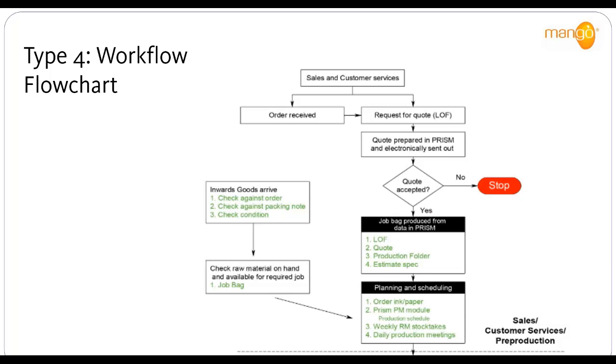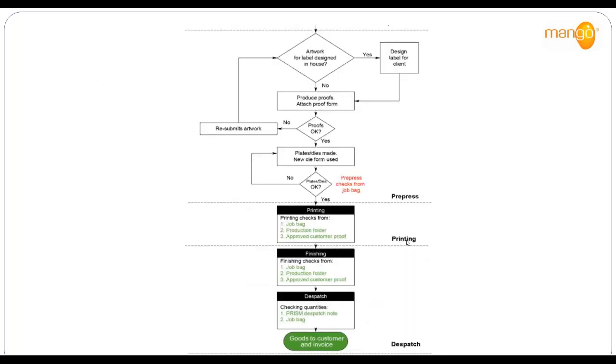And then once that's in play, then a job bag is done with the LOF, the quote, the production folder, and a spec. And then that goes off into planning and scheduling, where they order some PM module, production scheduling module, there's stock taking, there's daily production meetings, and then off to the left there, inwards goods and raw materials. So you can see activity and a diamond, activity and a diamond.